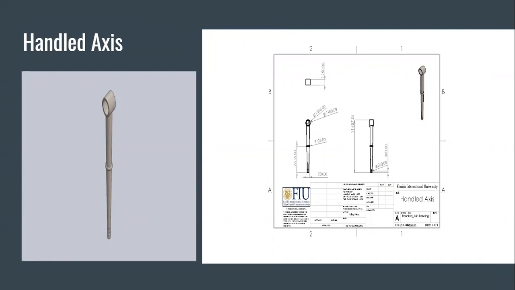The design is, as you see, a handle connected to an axis, where the handle goes on the horizontal bar of the support structure, and the beam, also known as the axis, has a small hole at the bottom where a nut and bolt can go in order to hold the wheel of the passengers on the handled axis. And this only swings in one direction, but it is only one of the two motions that the ride has as a thrill factor.